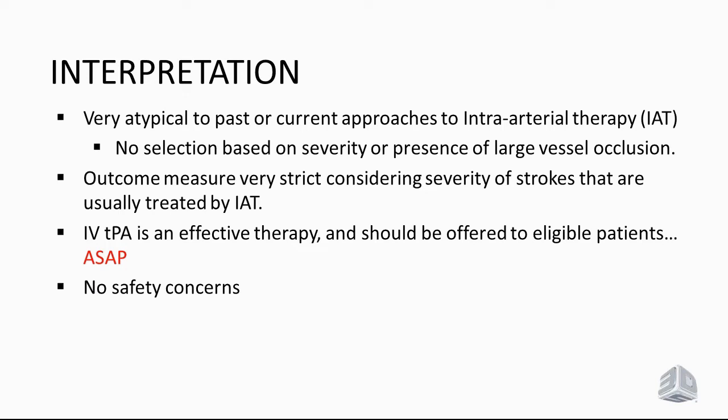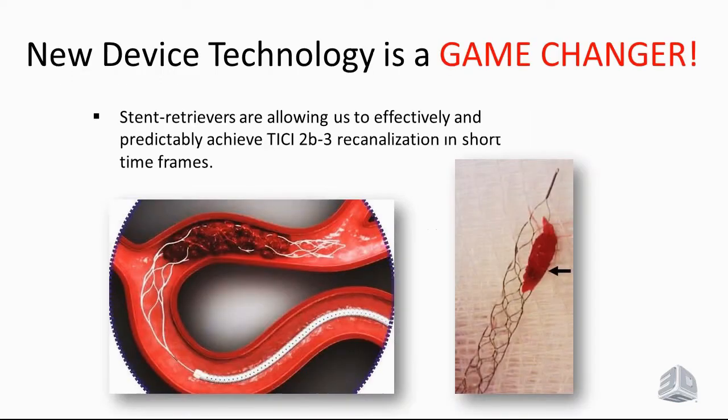But one of the other conclusions was that IV TPA is effective, should be offered to eligible patients, but again, as quickly as possible. And that has certainly come through in all the trials, that the faster you treat, the better patients do. Now, what really was a game changer at the time that those trials were published was the recent introduction to the marketplace of stent retrievers.